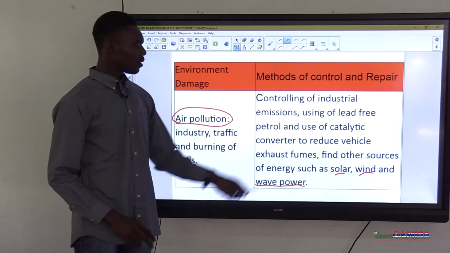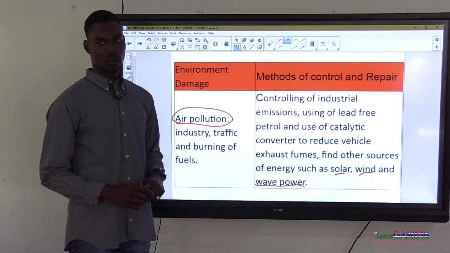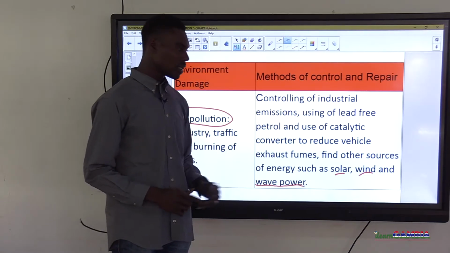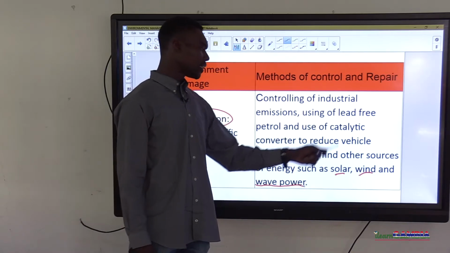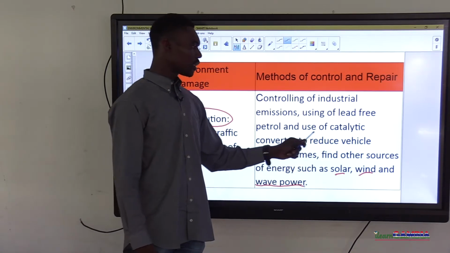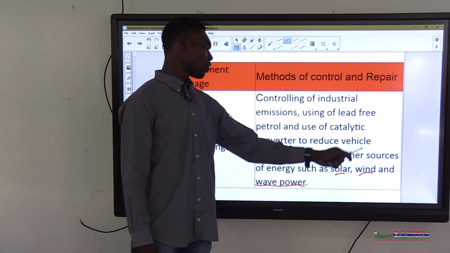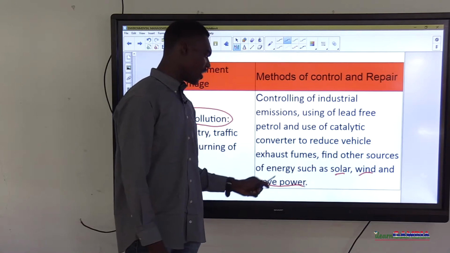So these are some important ways we can adopt to control air pollution.